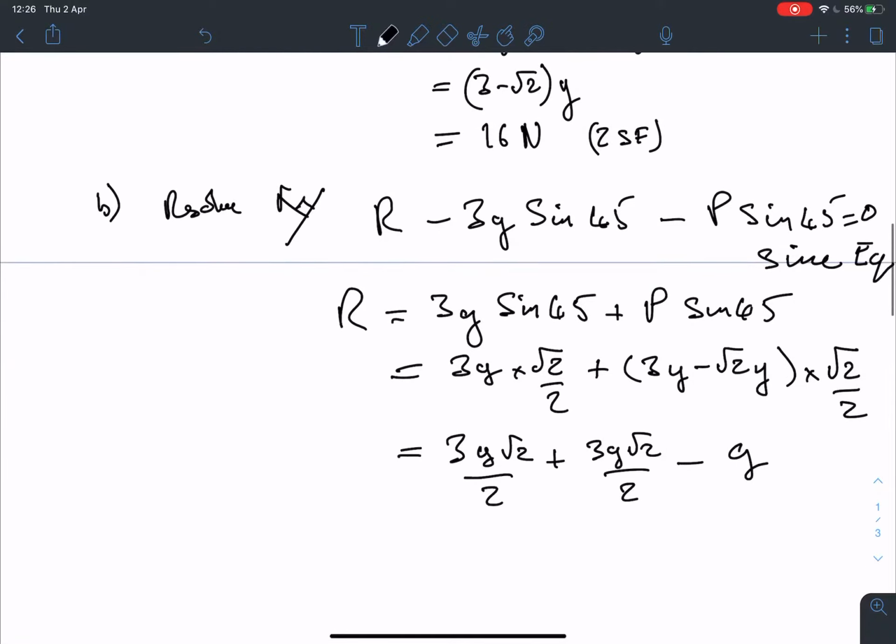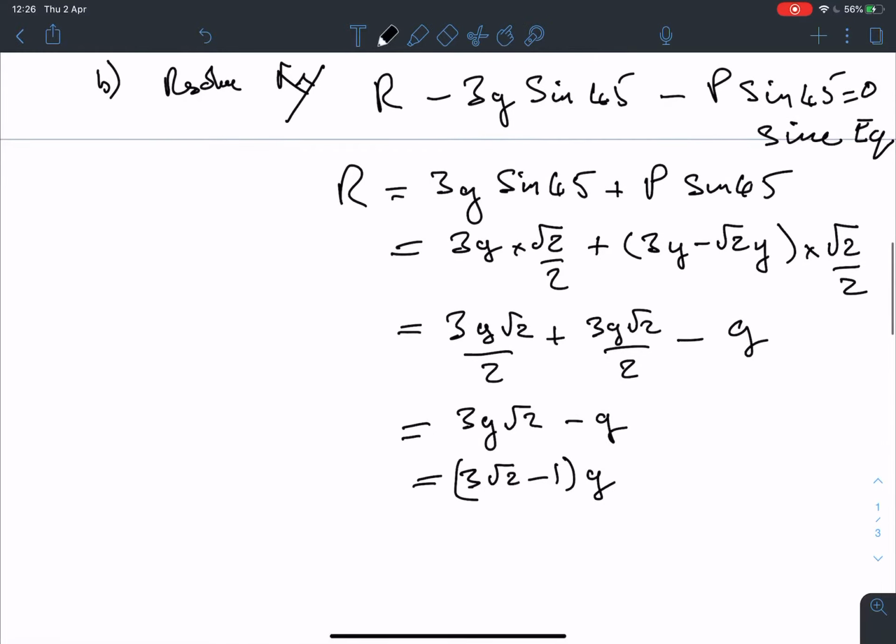So if we tidy that up, we've got 3G root 2 plus 3G root 2, both over 2, which will be 6G root 2 over 2, which becomes 3G root 2 minus G. So 3 root 2 minus 1 lots of G, which is approximately 3 lots of 1.4, which is 4.2, 3.2 G, so roughly 32 newtons.